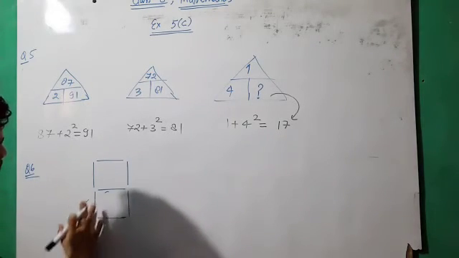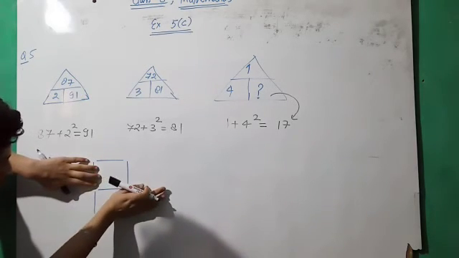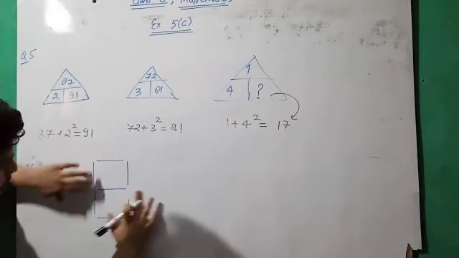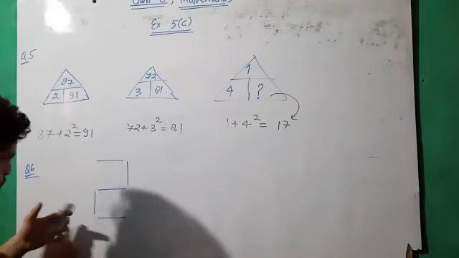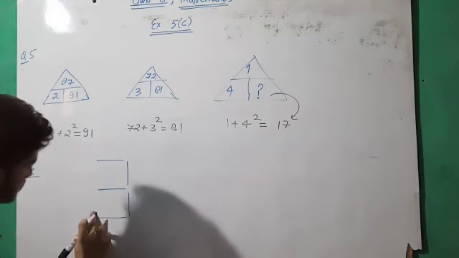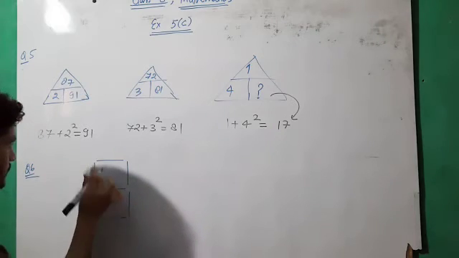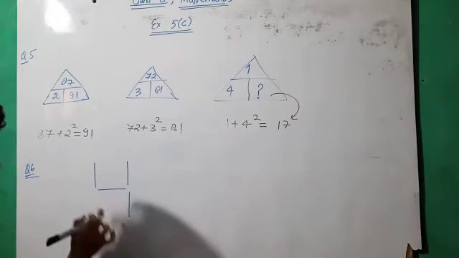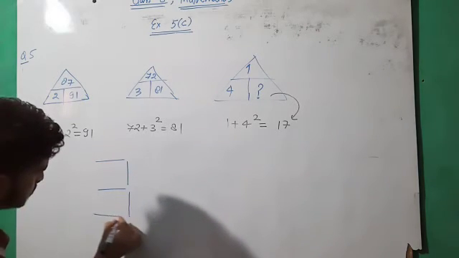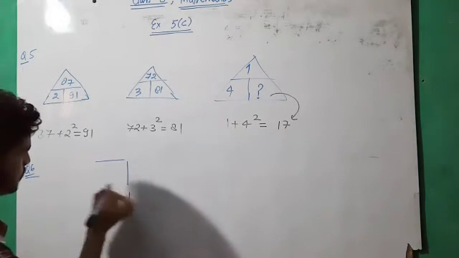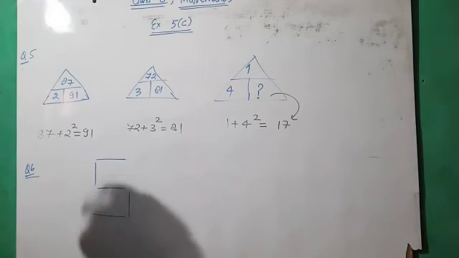If you want to draw 1, we have to delete this, then the remaining one is this. So this is 1. Now if you want to draw 2, we have to delete this one and this one, so it becomes 2. If you want to draw 3 from this, we have to delete this. If you want to draw 4, then you have to delete this and this. Okay, this is 4. If 5, then you have to delete this, this is 5.